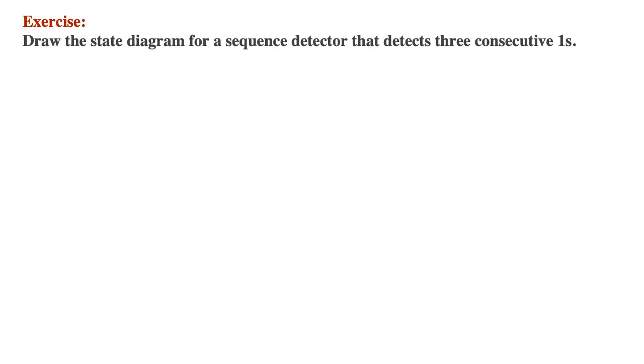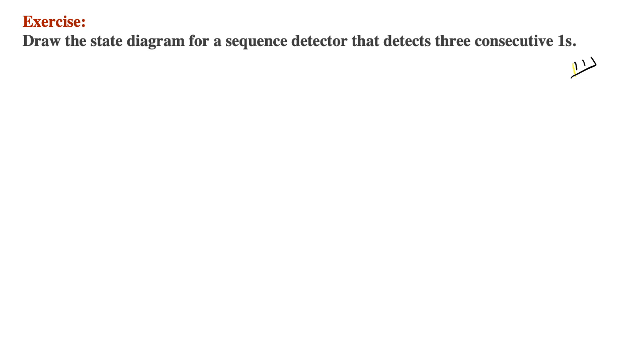Here we have an exercise that requires us to draw the state diagram for a sequence detector that detects 3 consecutive ones. So we're going to start by doing practice exercises on drawing the state diagram. Notice that the length of the sequence is simply 3 bits.